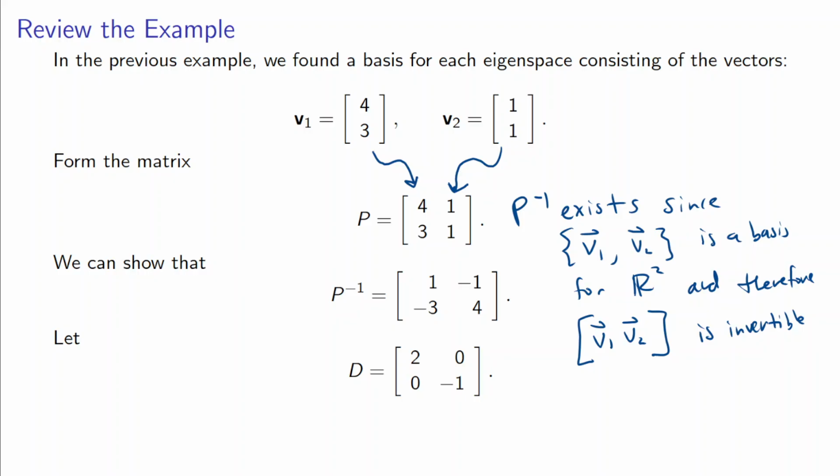I'm not going to go through all the work finding P inverse. Given a matrix P, you can find its inverse. We did that in a previous chapter. And then we're going to let D be this diagonal matrix. So D is diagonal, meaning that the only non-zero elements in D are going to be on the main diagonal. Specifically here, we're going to put the eigenvalues that correspond to the eigenvectors we formed our matrix P with.